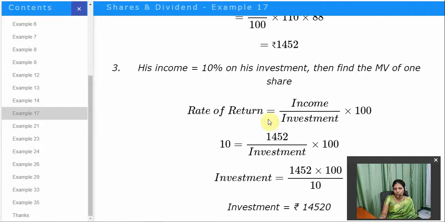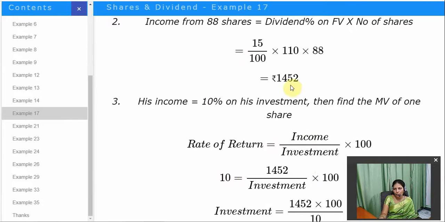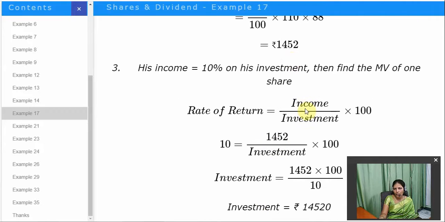So rate of return is equal to income by investment into 100. Okay. So rate of return is 10. 10% is given. So 10 is equal to income. What is his income out of 88 shares? This is his income for 88 shares. So under this you substitute 1452. By investment, it is unknown. This is what we need to find out, into 100.